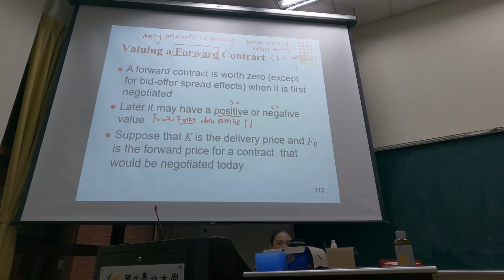And in your forward contracts, remember that when you sign the contract, you decide your exercise price, right? This exercise price in the forward contract has a specific term. We call it the delivery price, because it is very likely you hold until the end, and that's the price for the buyer to buy and for the seller to sell. That's your exercise price.